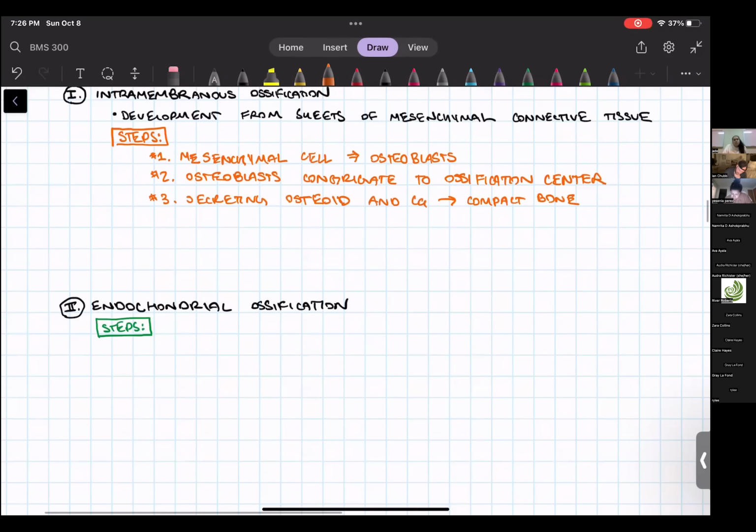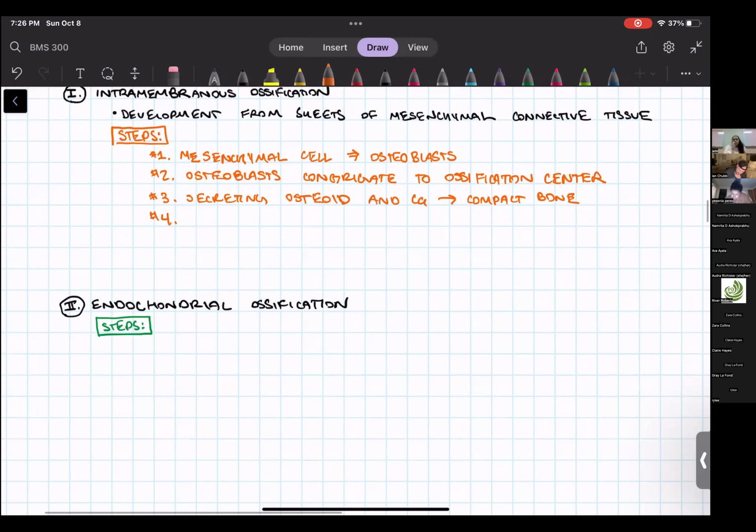And like I said earlier, once that calcified bone traps osteoblasts, they become osteocytes when they get trapped in there.